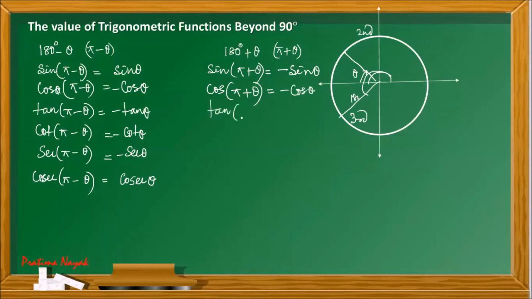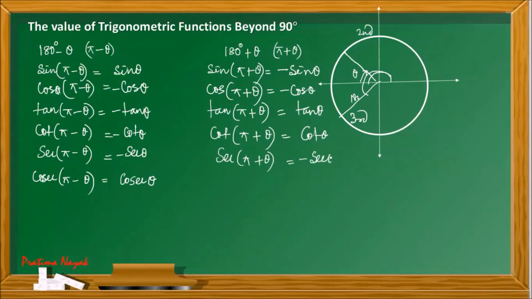Tan is positive, so plus tan theta. Cot positive, sec negative. I hope you can write yourself once you can link it or you understood it. It is easy.